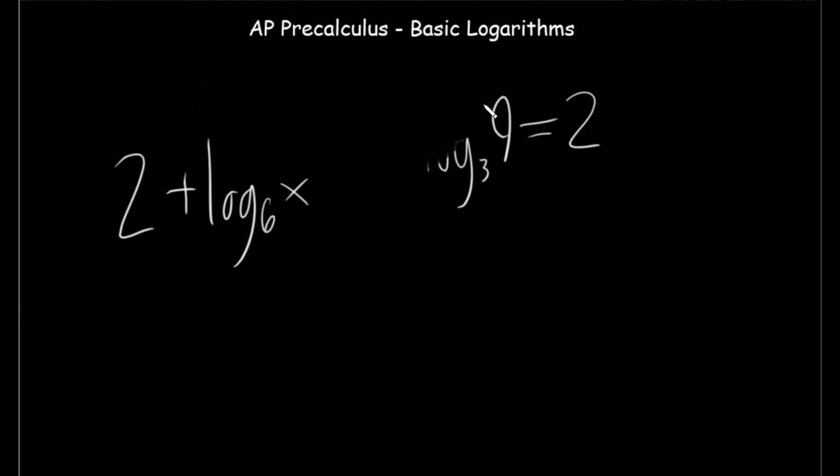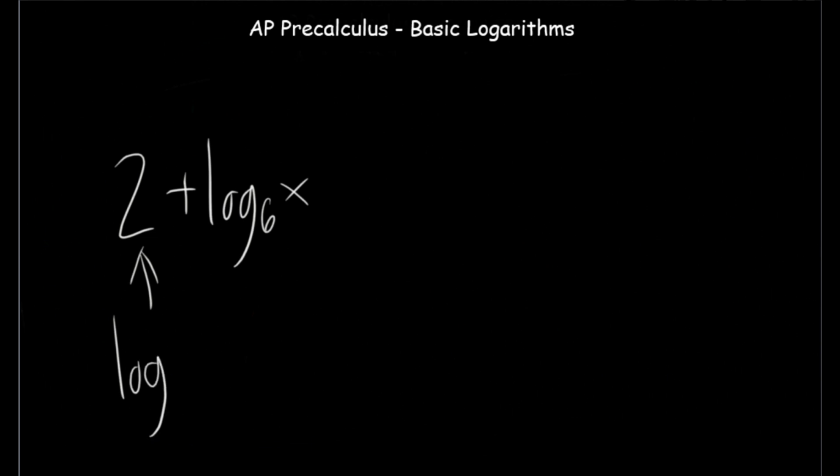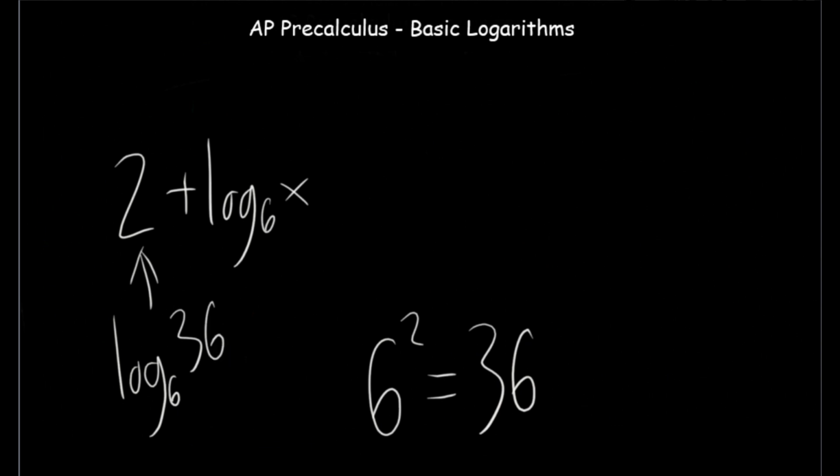So we need to convert this 2 into a logarithmic expression that has the base of 6, so we can properly add these two logs together. So we need to figure out log base 6 of what gets us 2. That's basically asking 6 to the power 2 gets us what? And that gets us 36. So 2 equals log base 6 of 36.